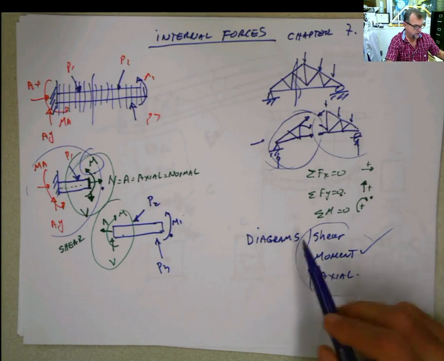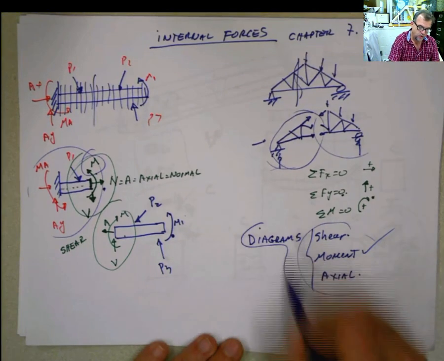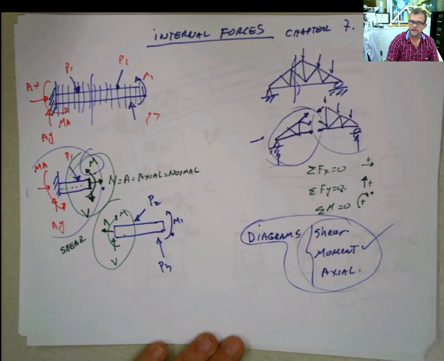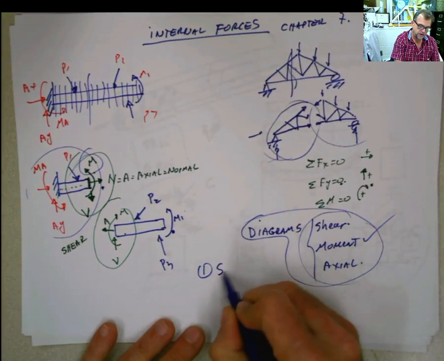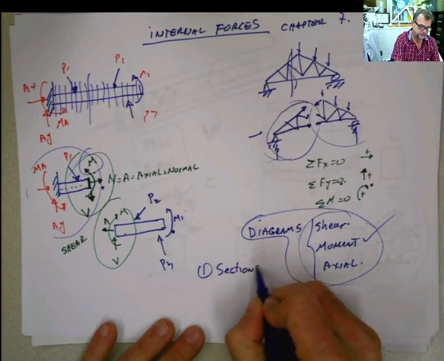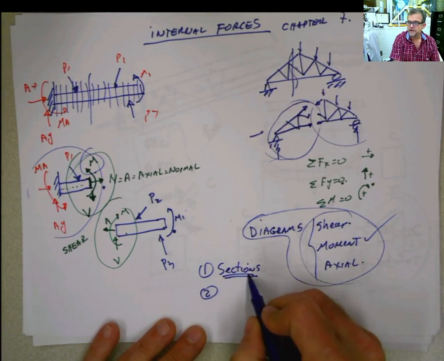Now remember, I do this by doing those shear, moment, and axial diagrams, and there are several methods for us to do that, and we're going to be working with those methods. The first method is called the method of the sections. What is the method of the sections?